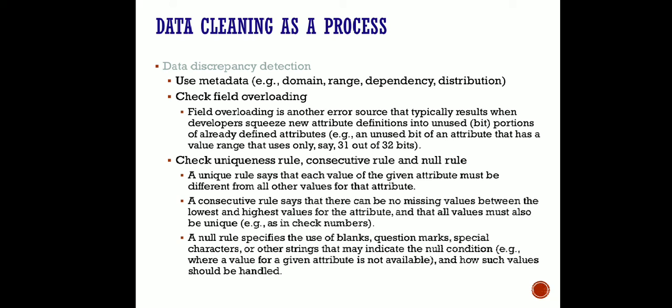So whenever such special symbols come, where a value for a given attribute is not available, we can say that these special symbols are present, so this is data with discrepancy. Say in place of date of birth, one question mark is present, so you can easily say that the data is not correct.